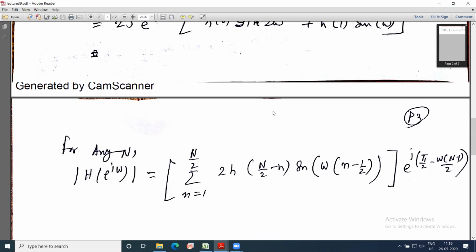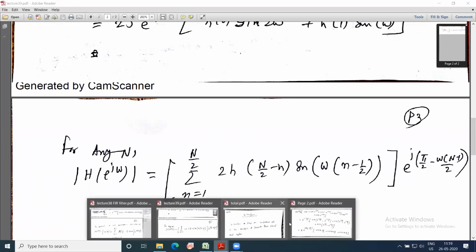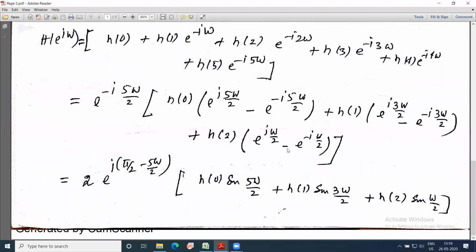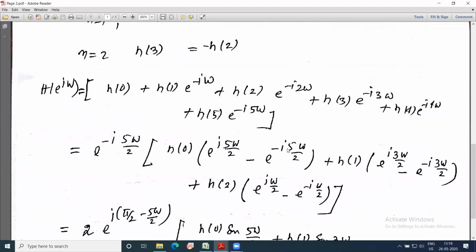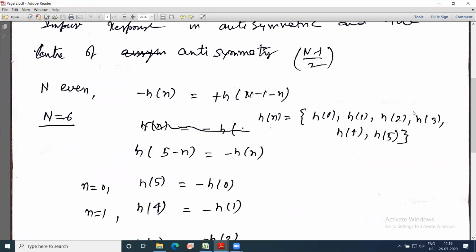With respect to 2.5, if you look at the left hand side and right hand side, you are having an equal number of points. With respect to the center of antisymmetry, that is 2.5, you again have equal number of points: h0, h1 and h2 on the left hand side and h3, h4, h5 on the right hand side.